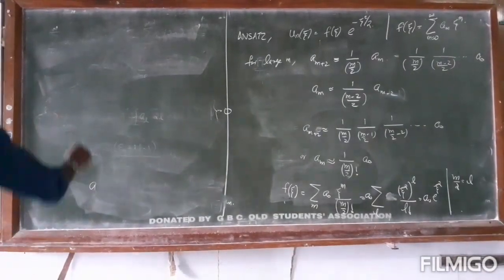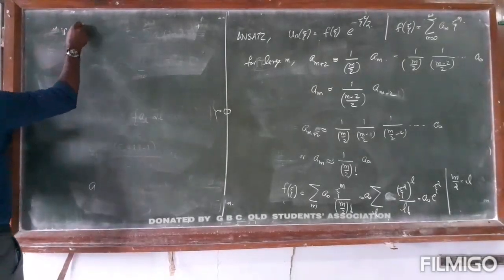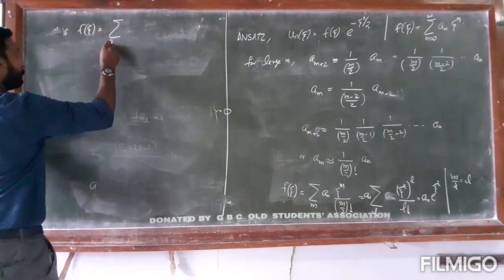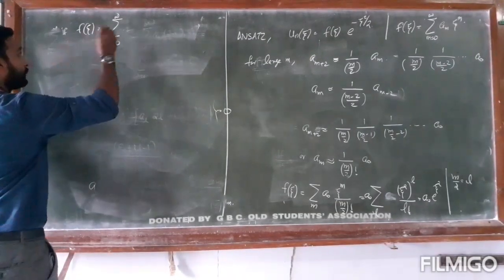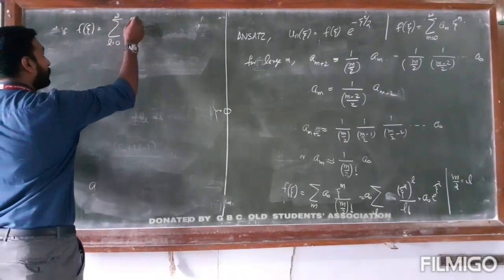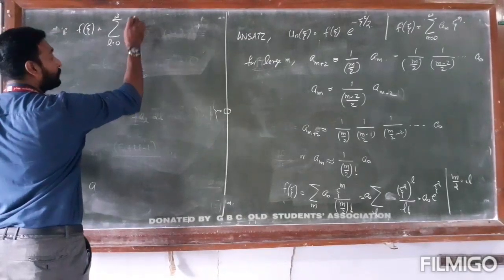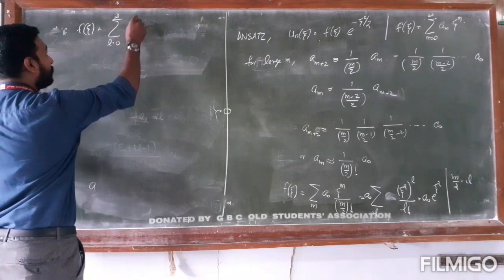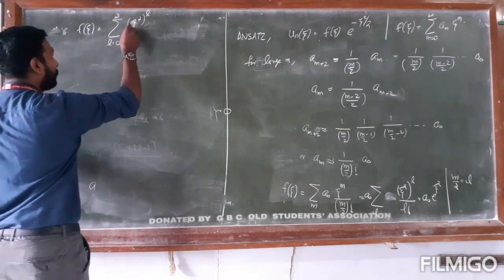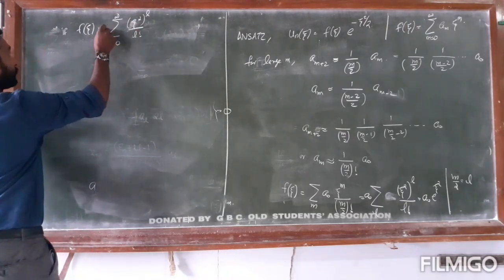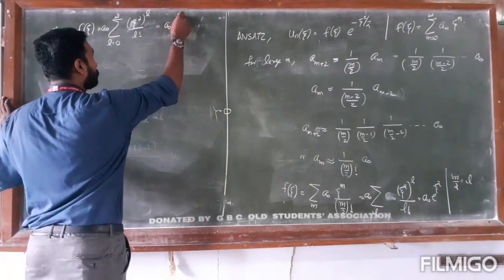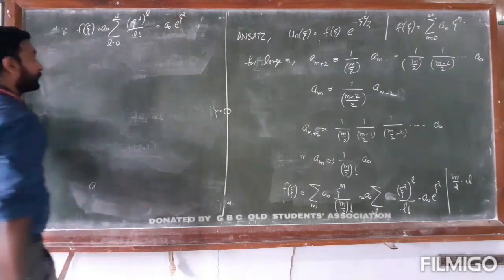Okay, so if f of theta is the sum over L equal to 0 to infinity of theta square raised to L by L factorial, it becomes a0 e raised to theta square.